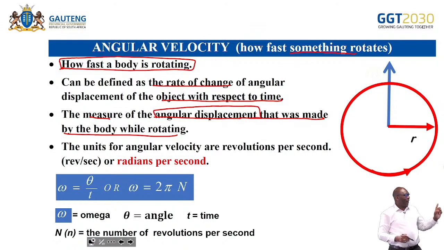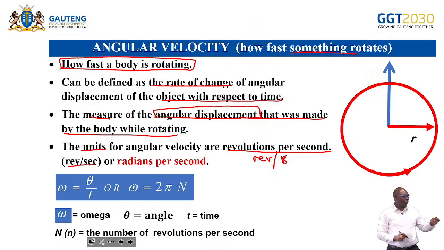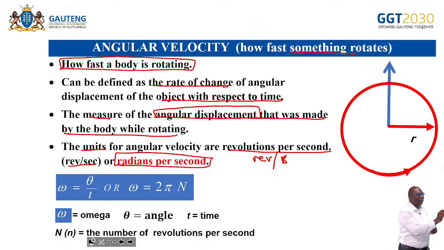Now the units for the angular velocity are revolutions per second. So in other words, here we are going to talk about revs per second, or we can talk about radians per second. Those two are the same.